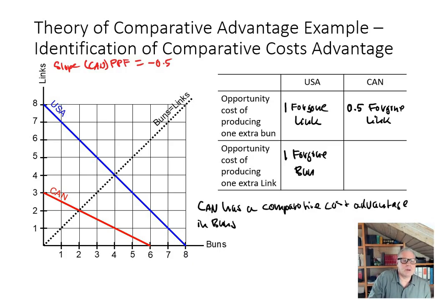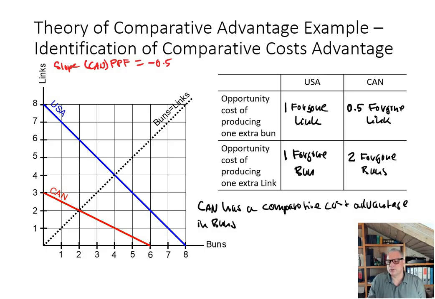So now we know that the marginal opportunity cost of producing one extra link for Canada is 2 foregone buns. Okay, so the slope of the PPF is very informative about the marginal opportunity cost.